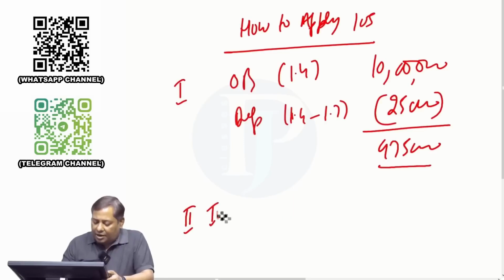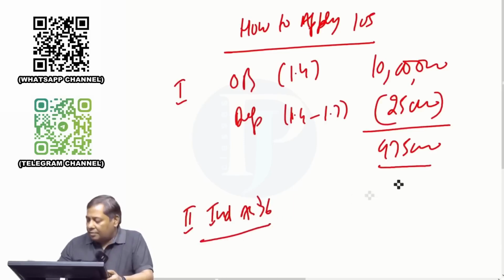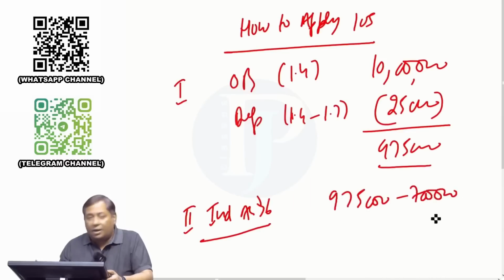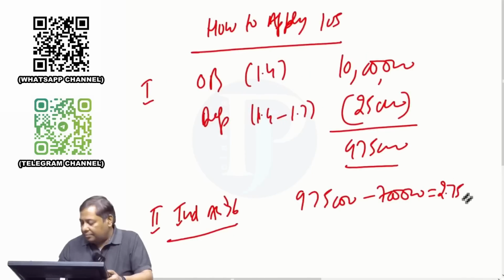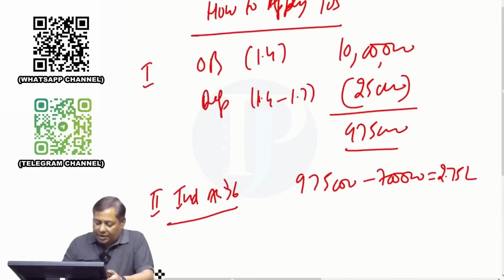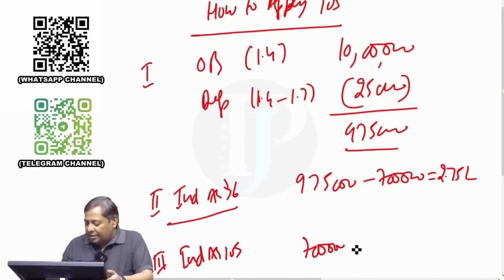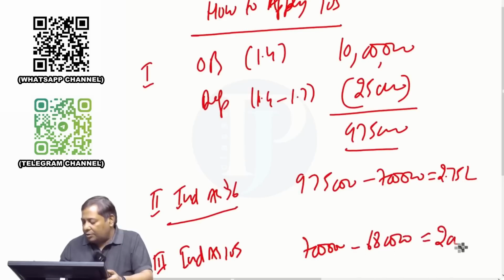Second step, we will check its impairment loss by applying AS 36. So 975 minus 7 lakh rupees, since this is the recoverable amount, it comes to 275. Then the third step, we must have applied in AS 105. 680 was deducted from rupees 7 lakhs. So there was a loss of another 20,000 rupees.